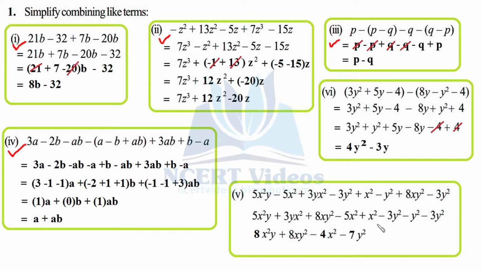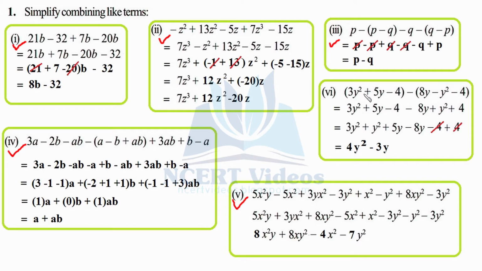Now we have two similar variables or like terms. So minus 5 plus 1, again minus 4. This is very basic. Then we are here, we have three like terms. So minus 3, minus 1, minus 3. All are same, we add them. 3, 3, 6 plus 1, 7. Again minus 7y squared. So this is fifth.